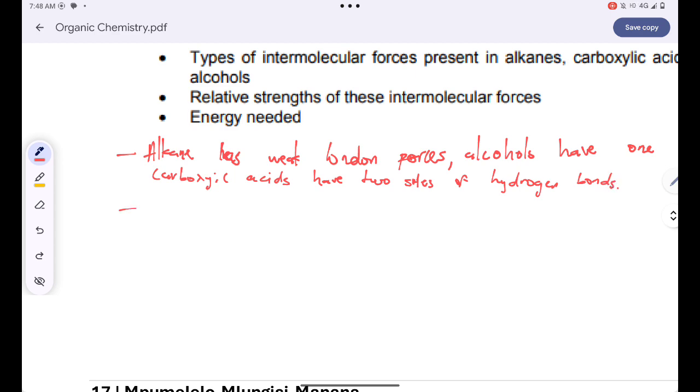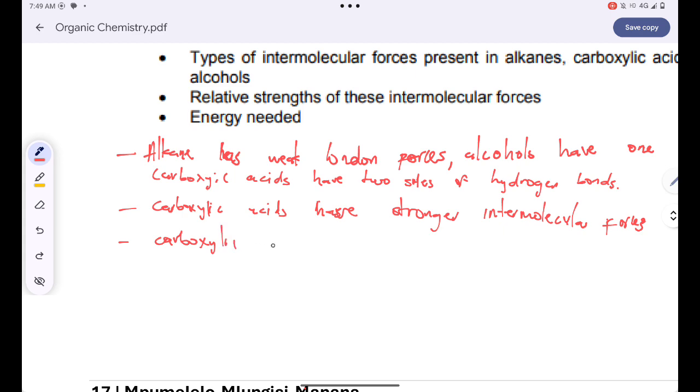So this will therefore conclude that carboxylic acids have stronger intermolecular forces, and hence carboxylic acids will require more energy to separate the bonds.